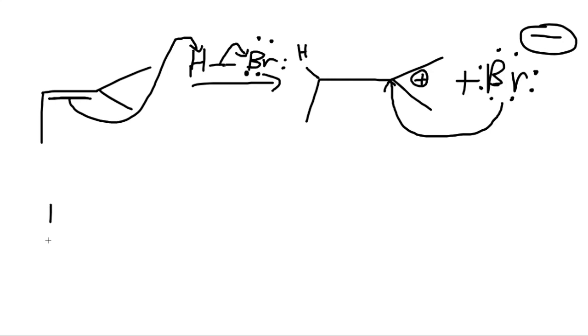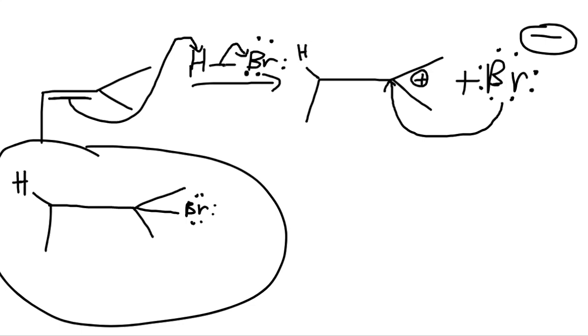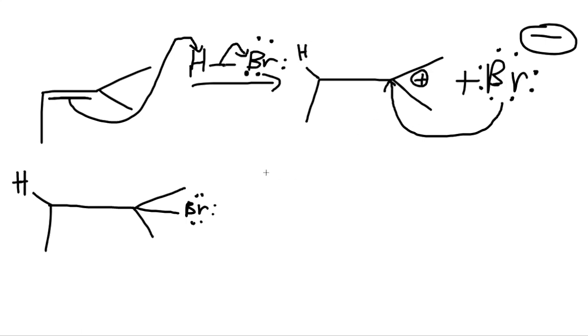So our final product would look like this. That is our answer for this. The ending over here is our product, and the arrows pointing are the mechanism, drawing the steps that were between drawing the product.